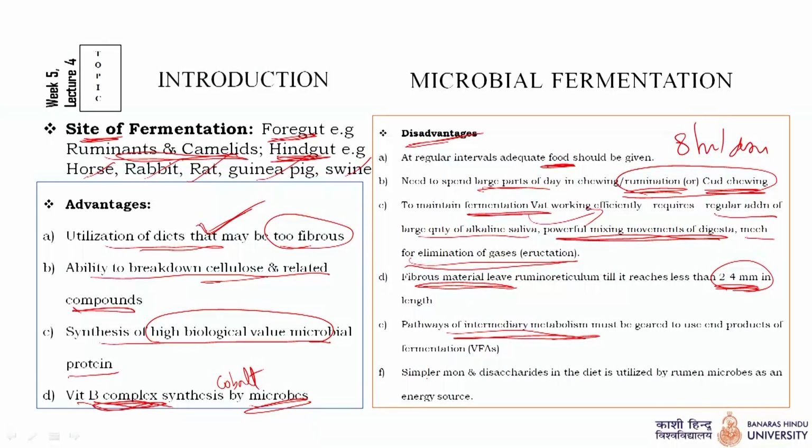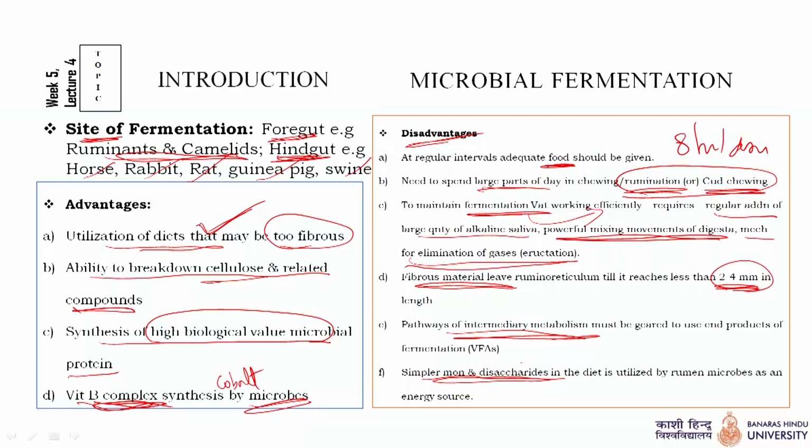Then the simpler monosaccharides as well as disaccharides present in the diet are mostly utilized by the rumen microbes. You may think that ruminants do not have the capability to produce glucose. No, they have the capability to produce glucose like the non-ruminants or monogastric species.